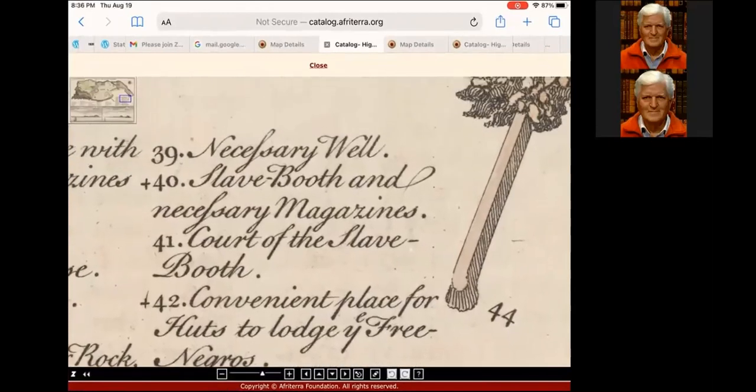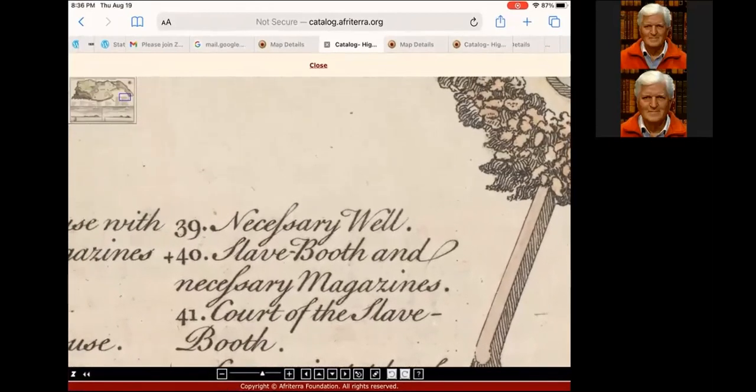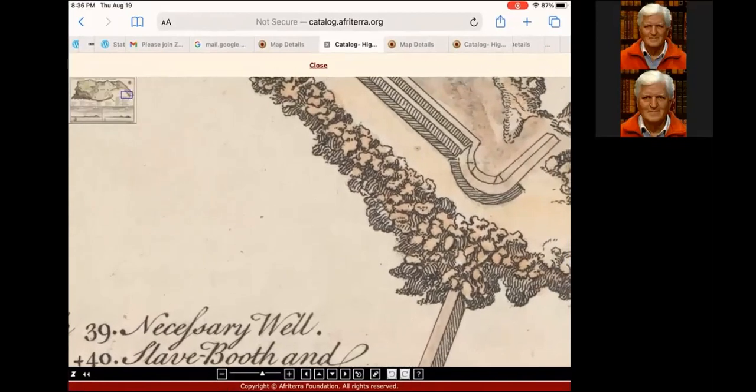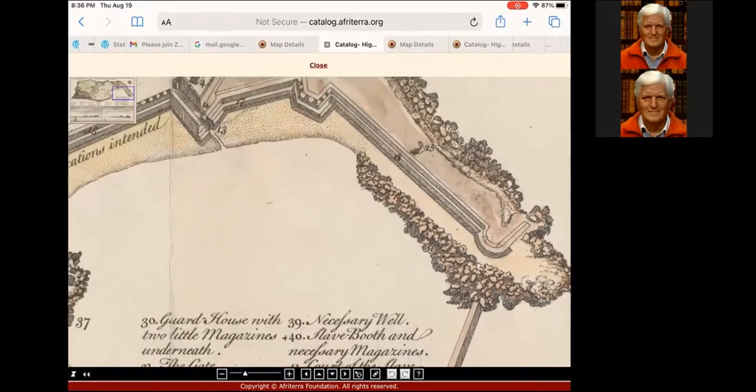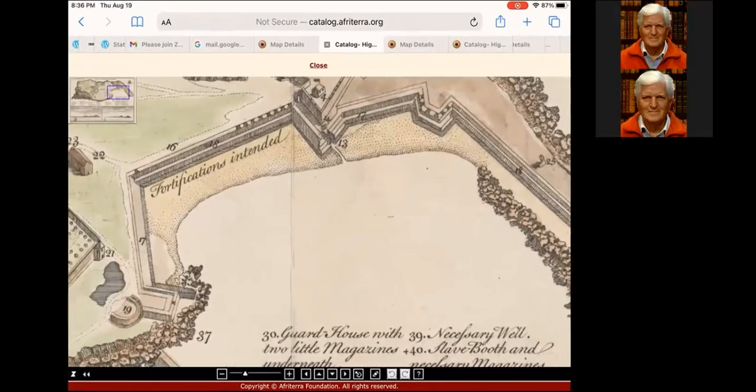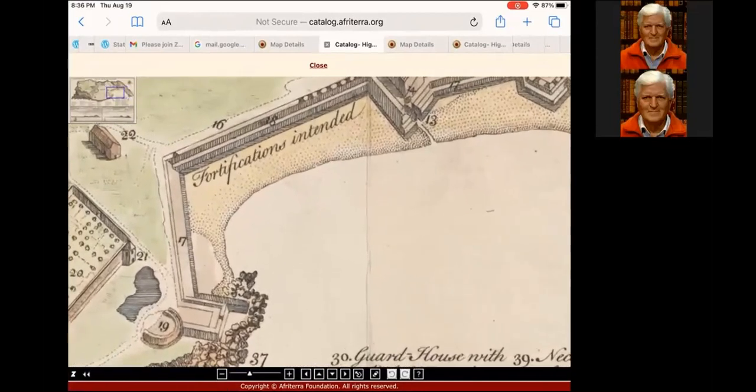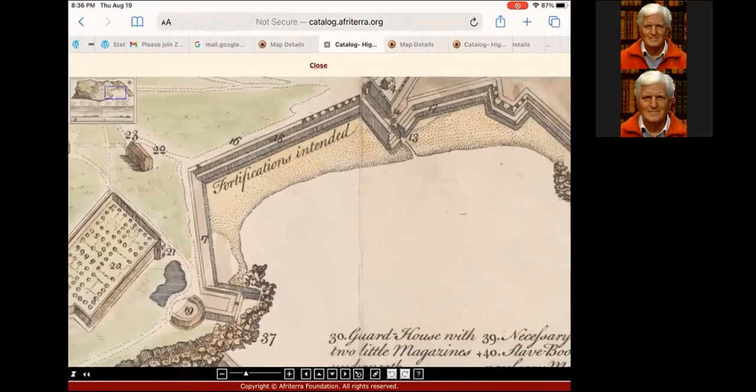The indication of a slave booth, as well as where the troops are staying. And then an indication all along here of fortifications that haven't yet been built, but are intended. Fortifications intended. Very interesting. The English are keeping close tabs on this island because they too would like to occupy it.